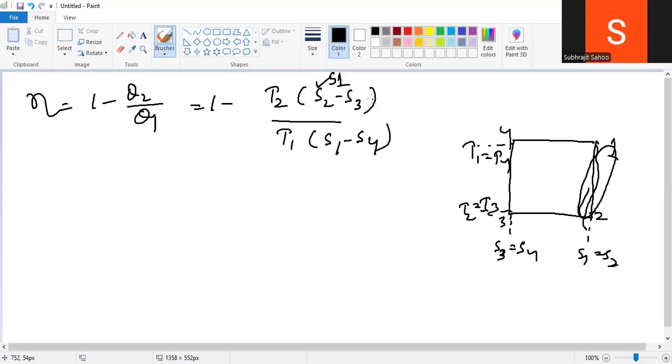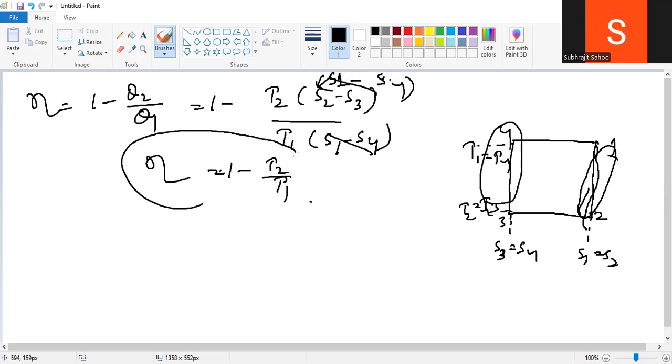So in place of S2, I'll replace S1, and S3 equal to S4, so I'll replace S4. Now see, in the top also there is S1 minus S4. Both terms will be cancelled. Then what is the remaining? 1 minus T2 by T1. Okay, 1 minus T2 by T1, eta, efficiency of Carnot cycle only, not reversed Carnot cycle. Right? This way we are going to find out.